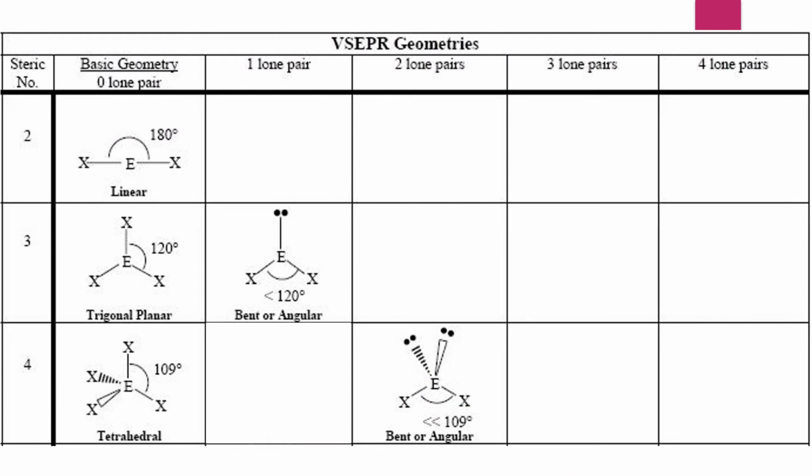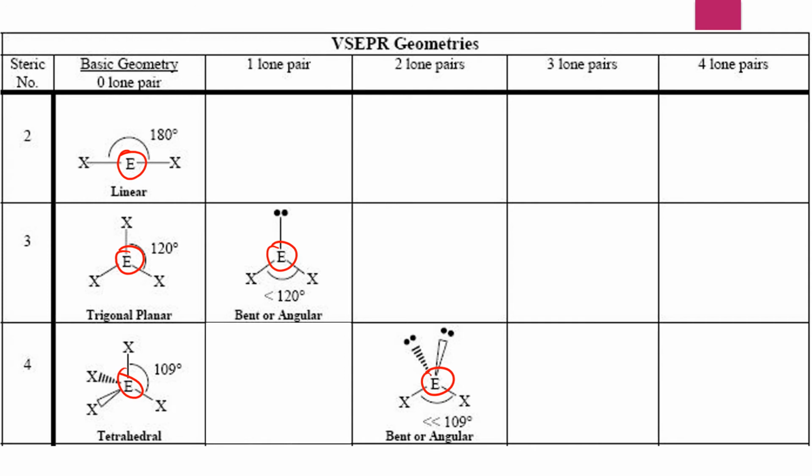So this is a summary page of all the shapes that you guys have learned, and it depends on the number of lone pairs and the number of atoms attached to the central atom. So when I say let's analyze, I mean let's take a look at the central atom and see what is happening there.